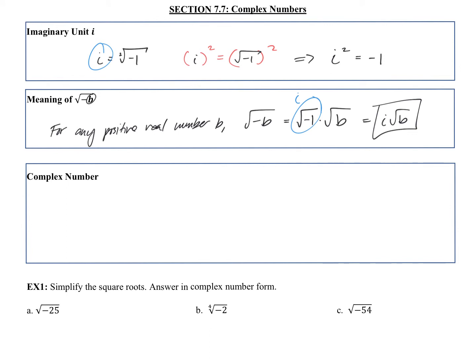So, the complex number. Because when we're working with complex numbers, we're also still working with the regular real numbers we worked with before, we have to have a new form that separates them.